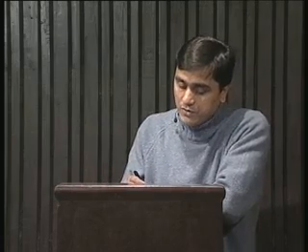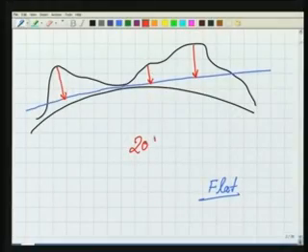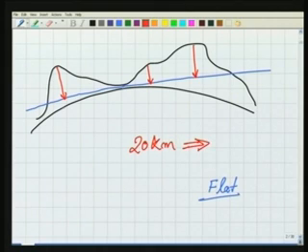It is said that up to a distance of 20 kilometer, there will be a difference in the arc and the chord. For example, for this point itself, let us say from here to this point the distance is 20 kilometer. So the difference in distances between the arc and the corresponding chord will be only 10 mm. So this distance is very small.